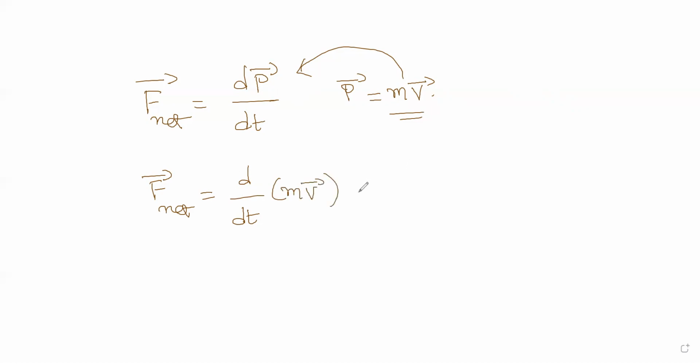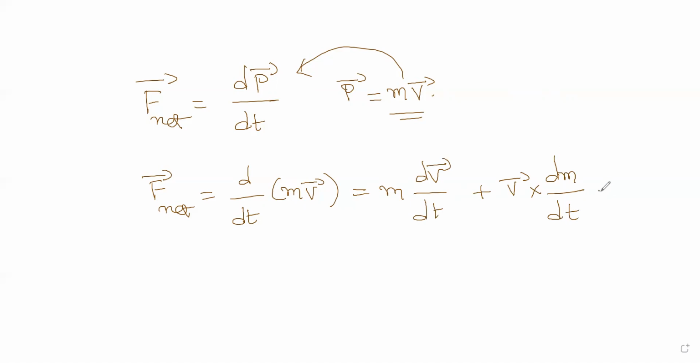We'll plug that in, and now we'll apply the product rule of derivative. So we'll write m into dv bar by dt plus v bar into dm by dt. Like this we can write.